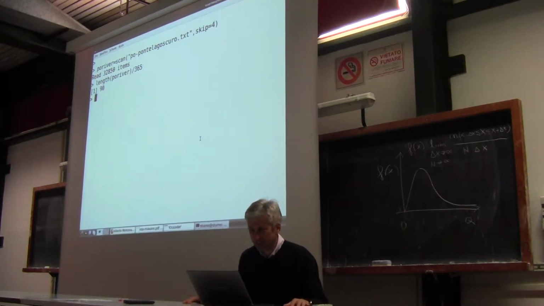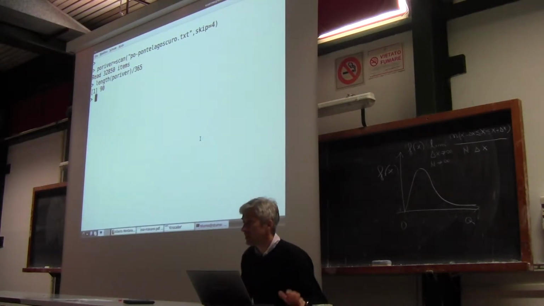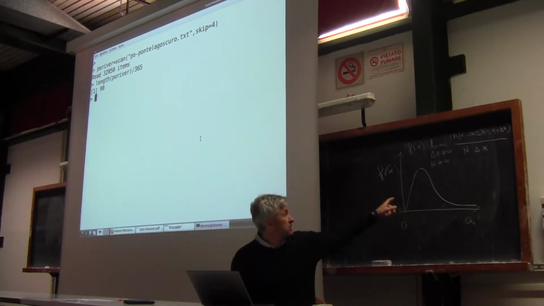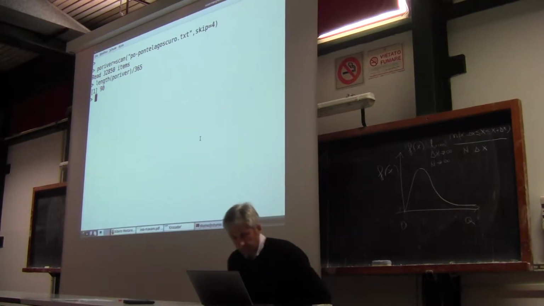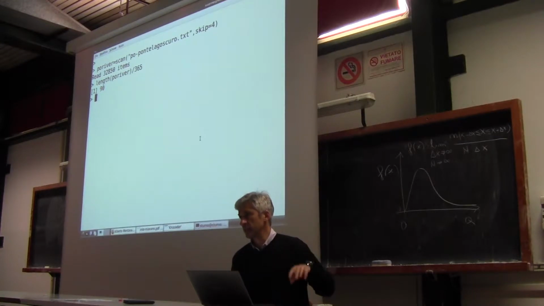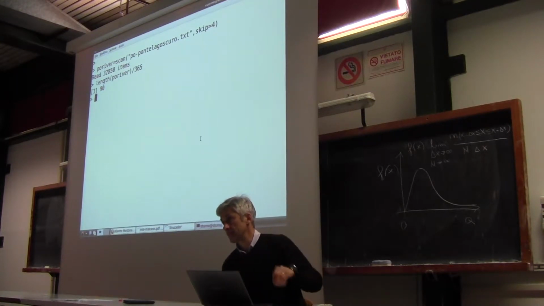Okay, so here we are. I assume and I hope that everybody has the data available. Let's now try to compute the density. First of all, we have to decide what the interval, the step delta x, should be.